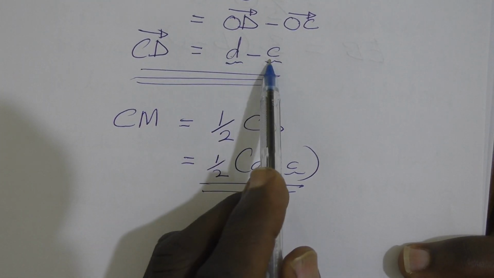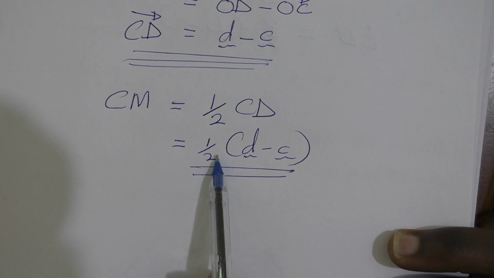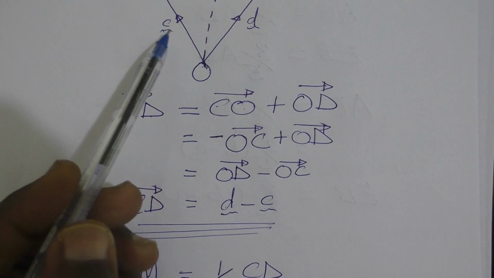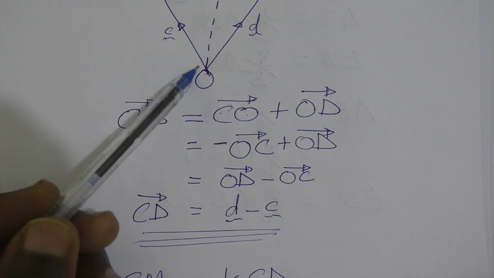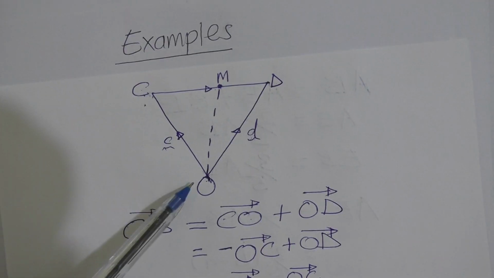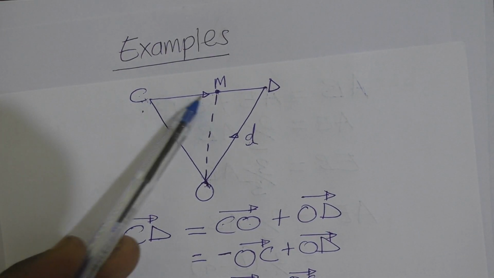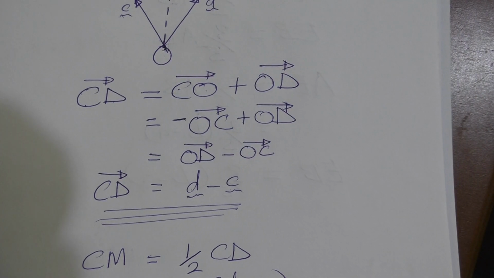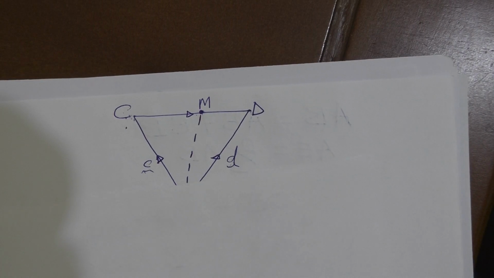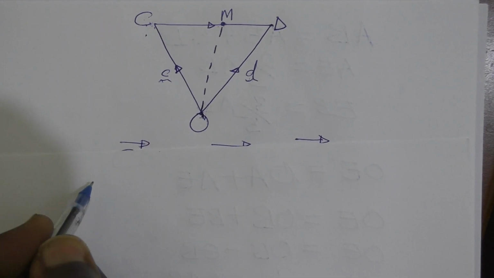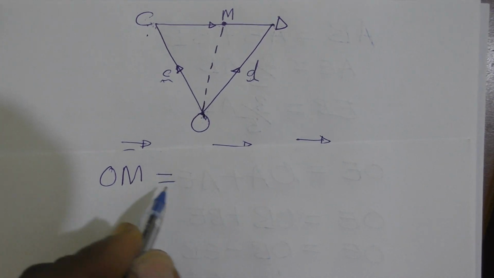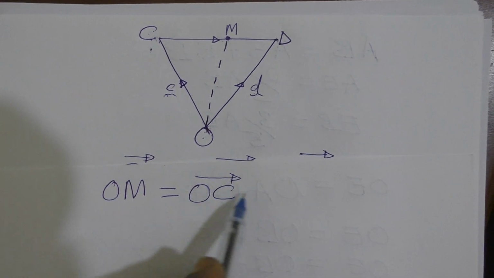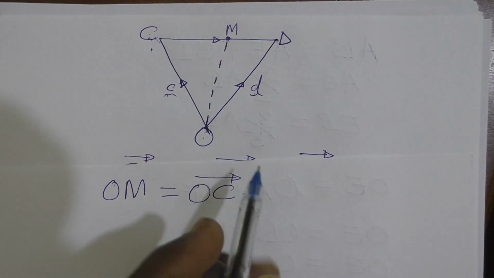In A we had CD, in B we had CM, and therefore they are advising us to use the route of OC plus CM, and therefore we shall say that OM equals OC plus CM.